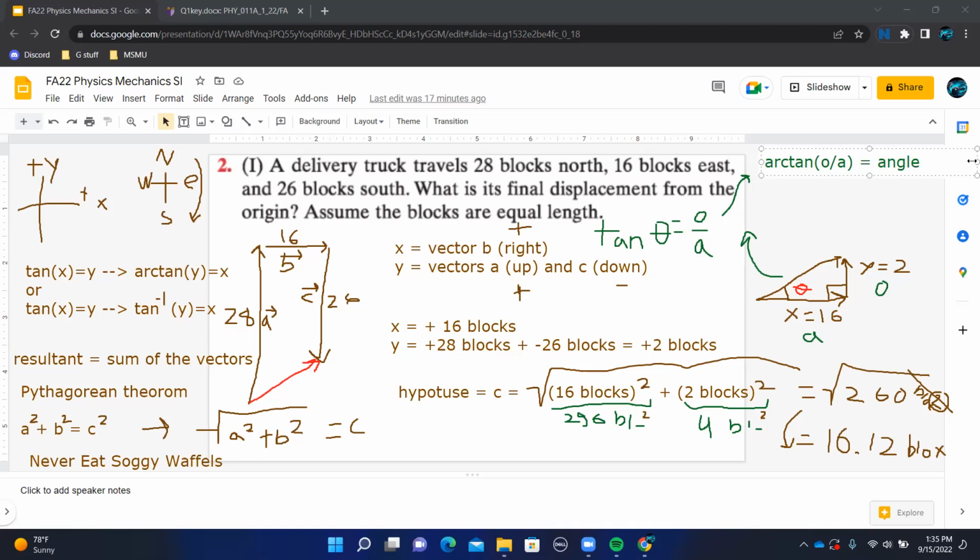I'm just gonna put angle because you can't put theta in here. So that means arctangent, opposite is 2, and then adjacent is 16.